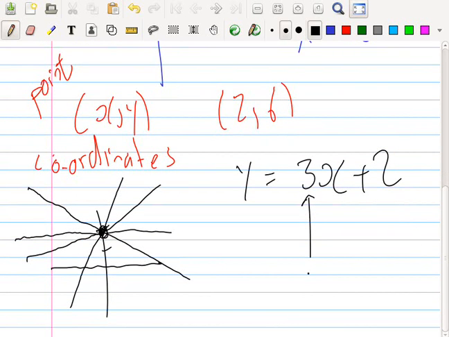It is okay if you want to write it the other way around, like 2 plus 3x. This is still the slope and this is still the intercept, but it's not so common to write it backwards like that, although there's nothing wrong with it. So the slope is always the number in front of the x, not necessarily the first number.